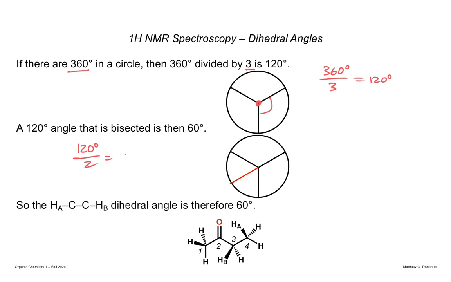So that line bisects, we get 60 degrees. If we're taking the total 120 and bisecting that, then this angle here is 60 degrees. So that tells us the angle between HA and HB running through the 2 carbon atoms is 60 degrees.